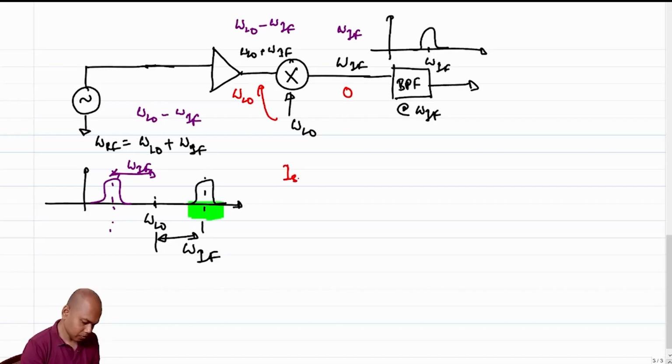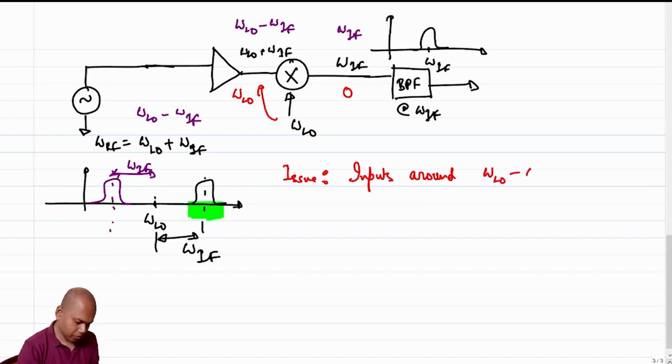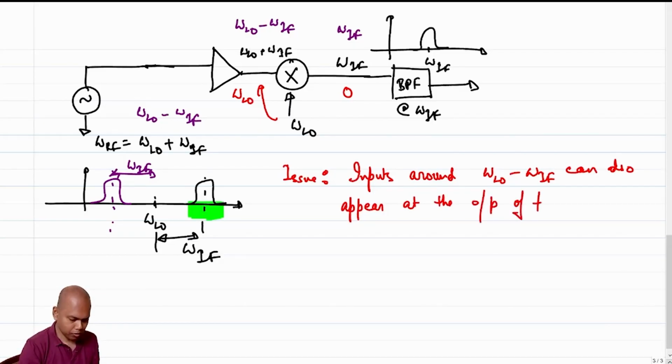So the issue is inputs around omega LO minus omega IF can also appear at the output of the mixer and BPF.